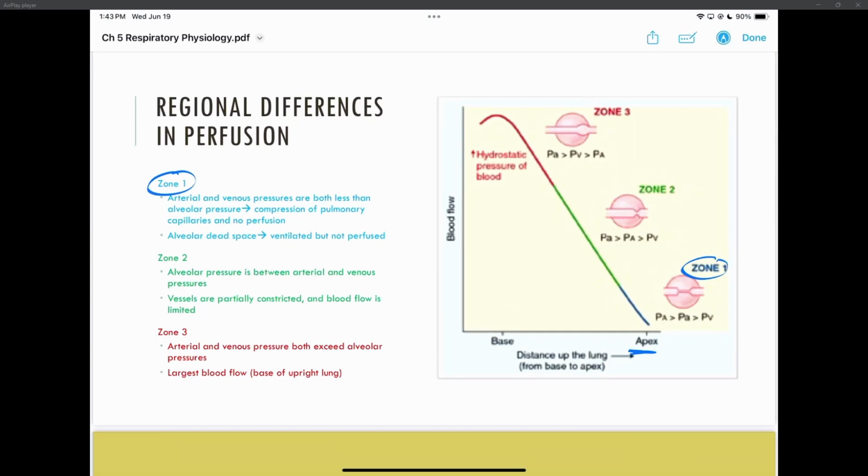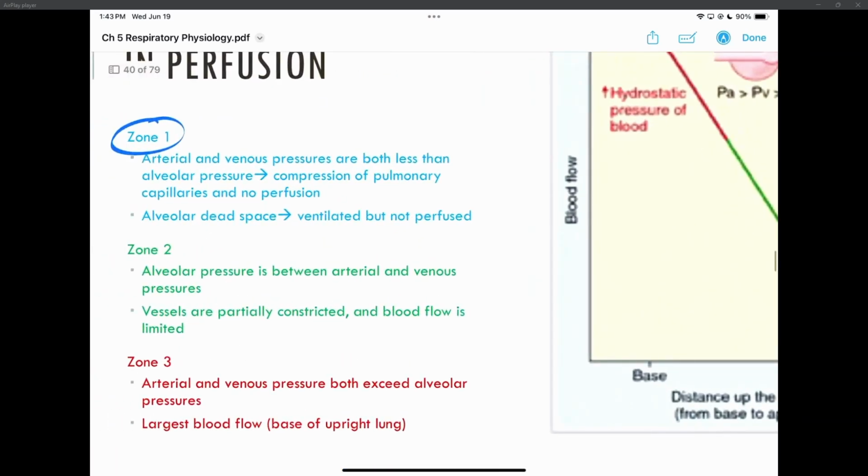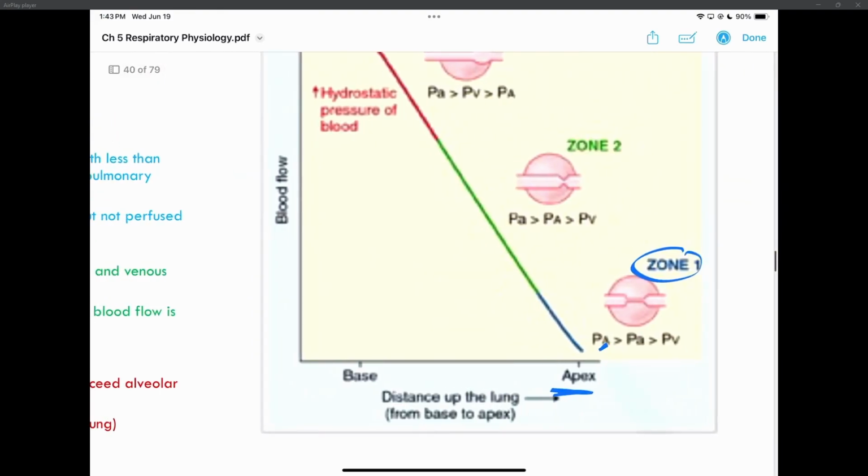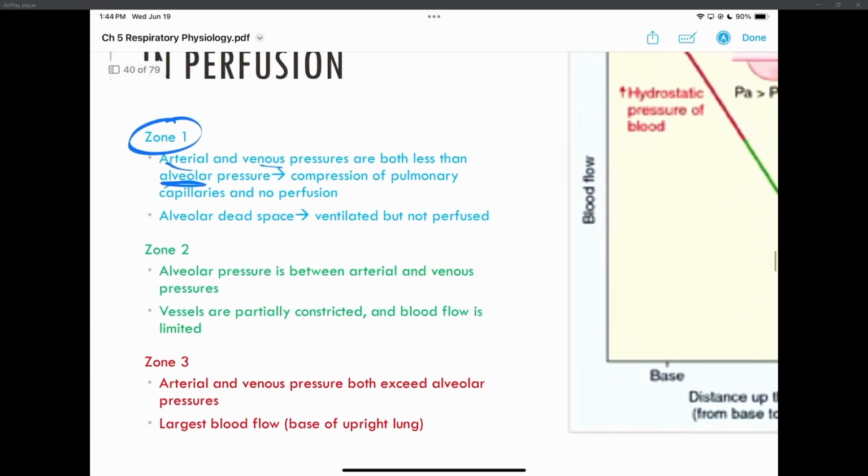In zone 1, arterial and venous pressures are both less than the alveolar pressure. Here, the big A is arterial pressure, big V is venous pressure, and the little a is alveolar pressure. Alveolar pressure is right in the middle of these two. Remember, we're at the apex now.